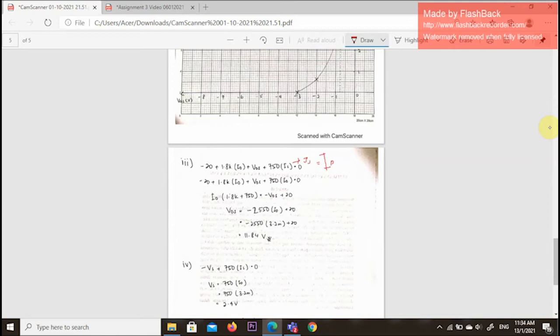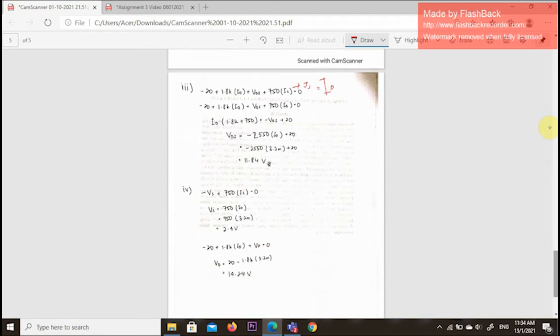The value for ID is 3.2 milli, so we substitute the value in this ID. We arrange the equation and we get the value for VDS is 11.84 volt. Next, the question asks for the value of VS and VD.